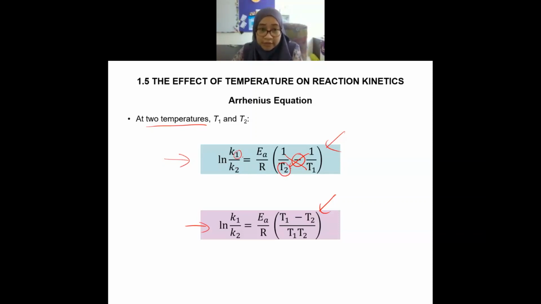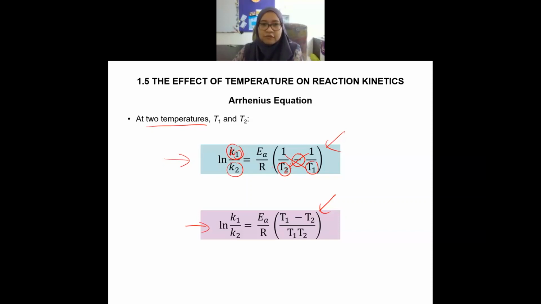If up here is K1, that means the first T that will be inserted into this formula will be T2, then minus T1. K1 means the rate constant at temperature 1, and K2 means the rate constant at the second temperature.